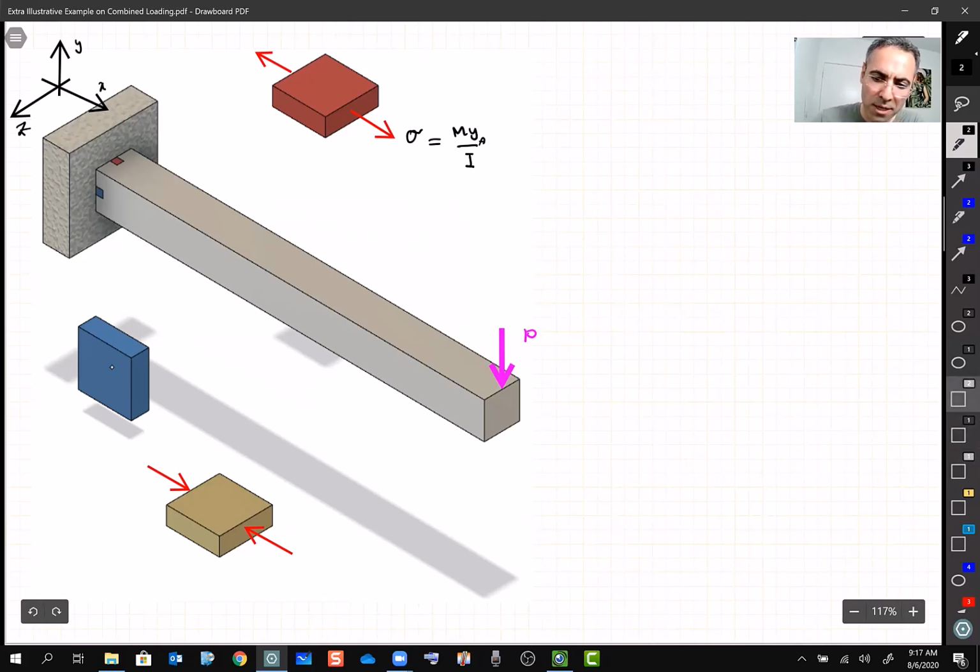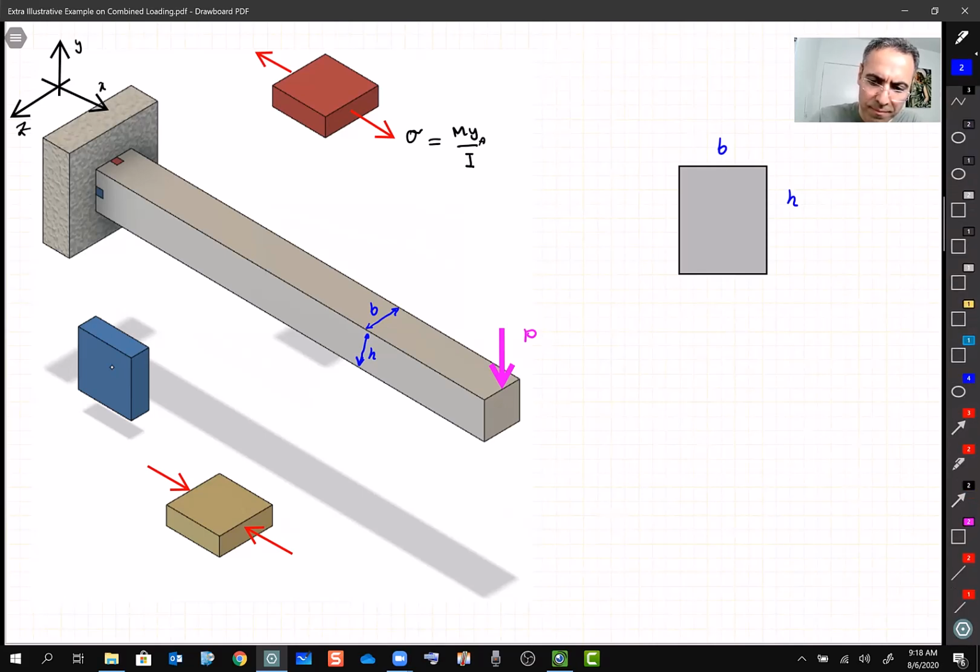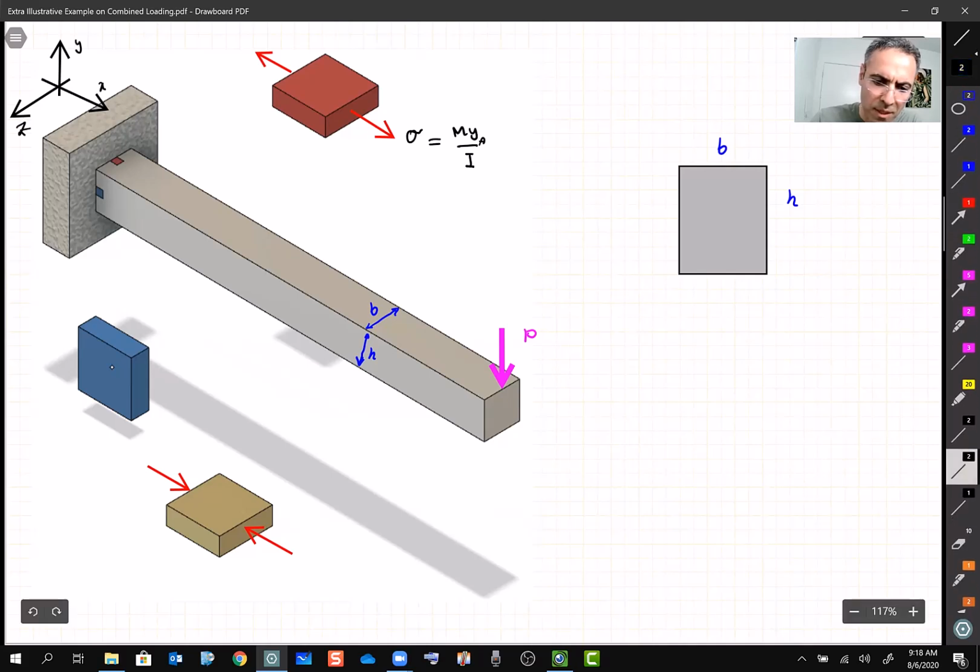Let me draw the cross section again here. This is the cross section. Let's say this one is B and this one is H. So this is B, this is H, and this is our neutral axis, all right?